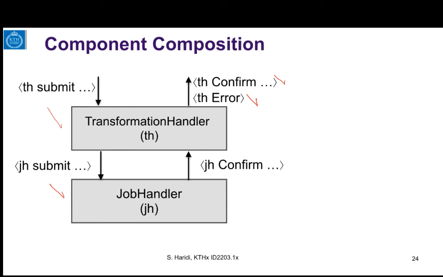If it cannot be processed, it will produce an error event. This is the one that's here. Otherwise, it will trigger the submit event of the job handler. And we know the job handler will eventually produce a confirm. And when this confirm is triggered in the transformation handler, it also triggers upward another confirm. So this is how these composed components work together. We will see many of these during our journey of algorithms in this course.